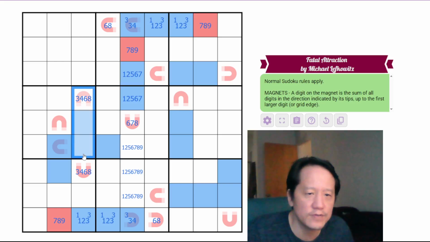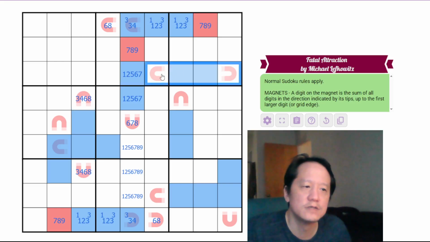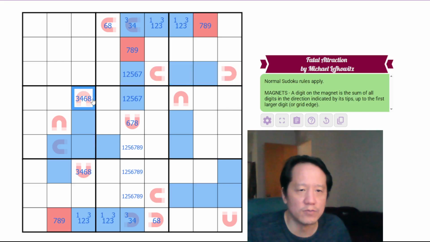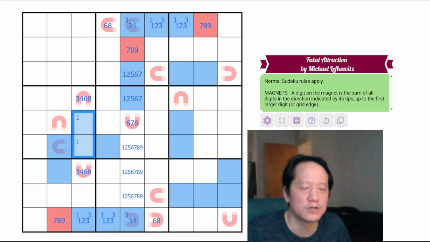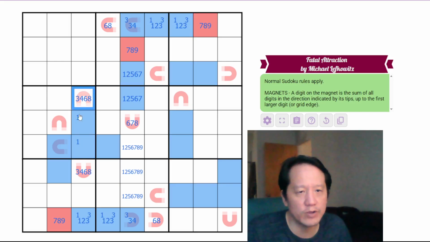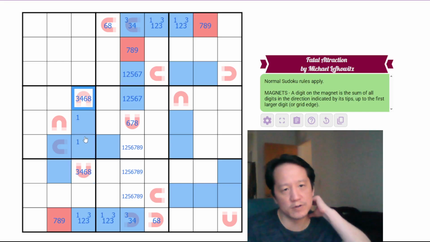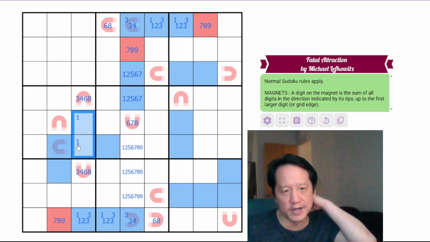Anytime you have this as a set, the smaller one of these must be 3 or 4. If it's 3 or 4, that means we're guaranteed 1 is here. And we also know 3 has to be one of these digits, right? Because if it's 4 as a smaller magnet, it must be 1 and 3 adding up, which makes that 8.